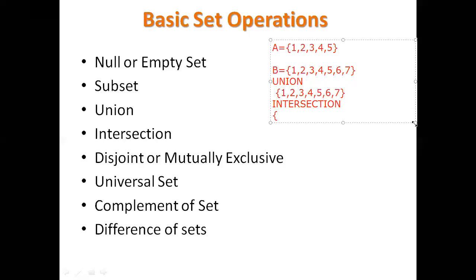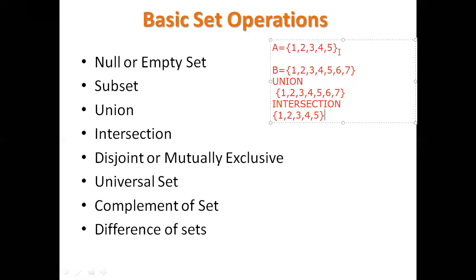These are the common elements we have. By applying the intersection operation, the resultant set becomes 1, 2, 3, 4, 5. Both the two sets have these common elements.